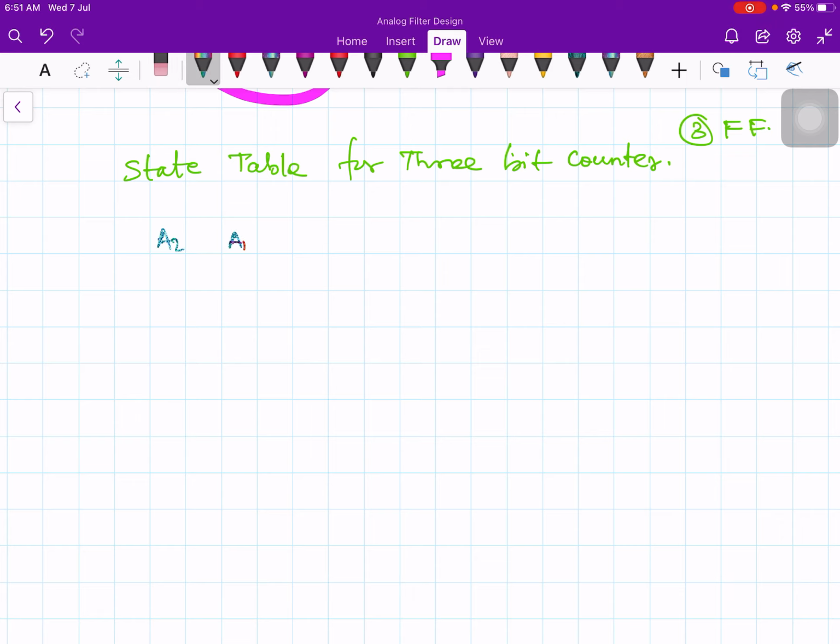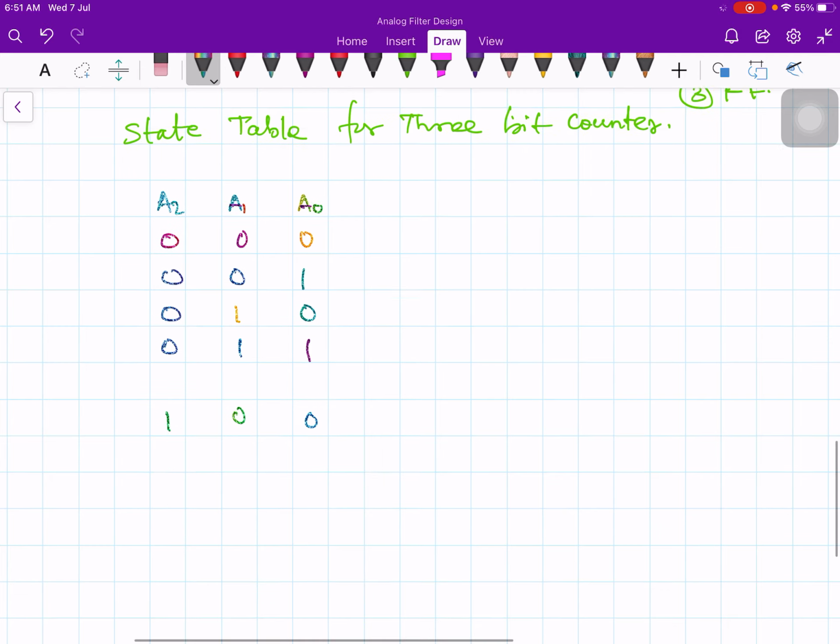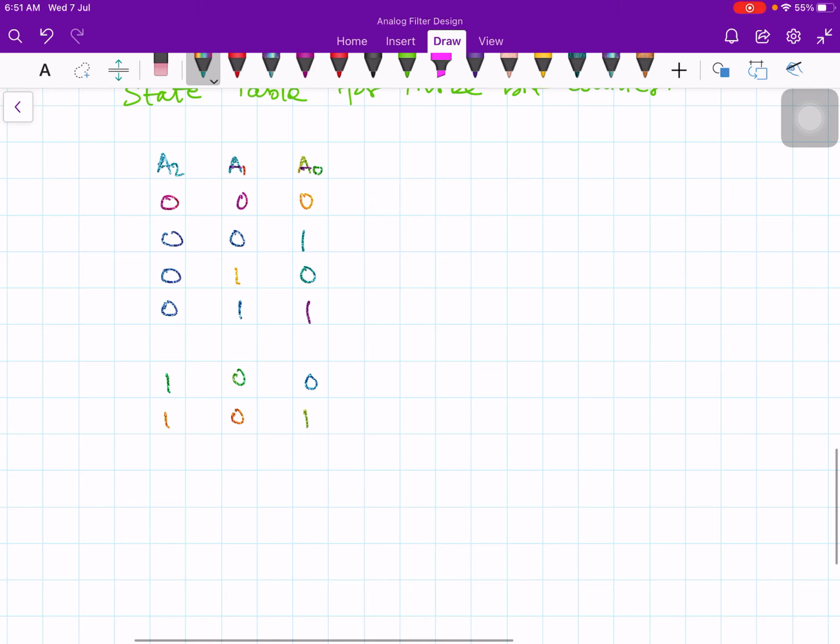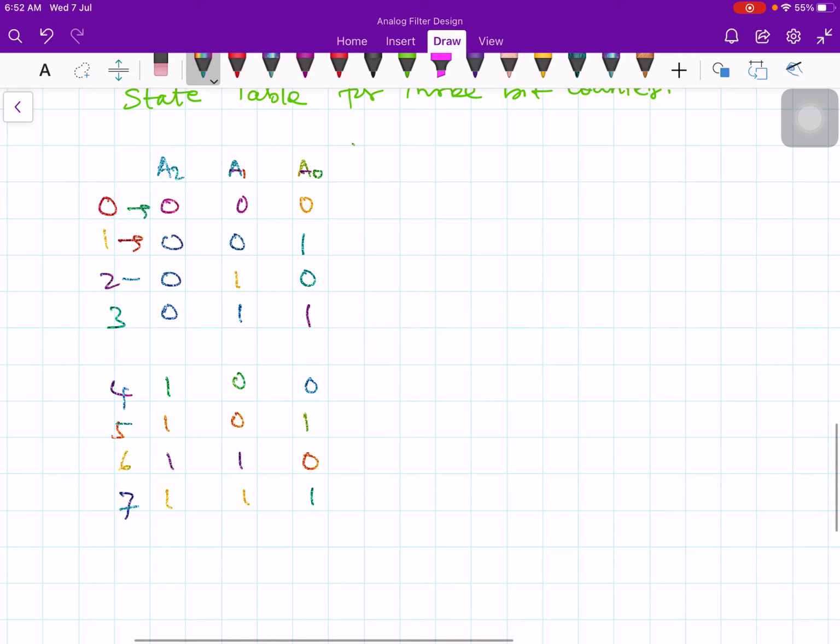A2, A1, A0, right? So 0, 0, 0, 0, 0, 1, 0, 1, 0, 0, 1, 1, 1, 0, 0, 1, 0, 1, 1, 1, 0, and all are ones. So this is 0, 1, 2, 3, 4, 5, 6, 7. Fine. So this is the present state, and let me write down the next state.